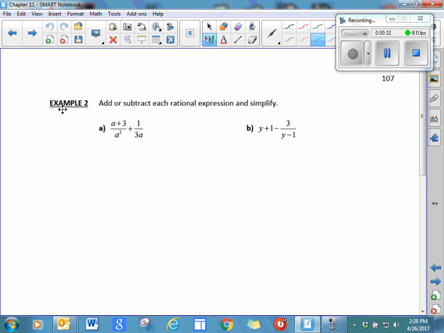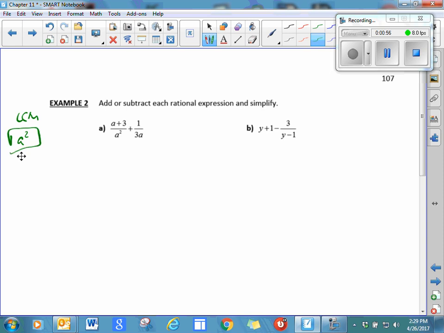So first of all, again, reminding you that we need to find the LCM, the least common multiple, between our denominators, and that's going to turn into the LCD that we're going to use when our denominators are not the same and we have variables. So the LCM, just to remind you, we start with the prime factorization. Well, the prime factorization of a squared is a squared.